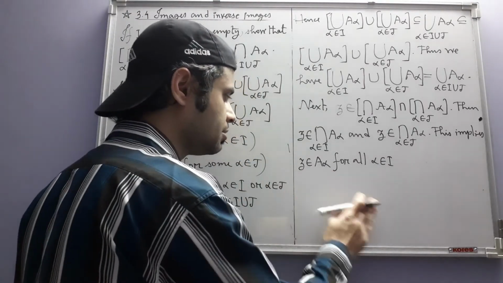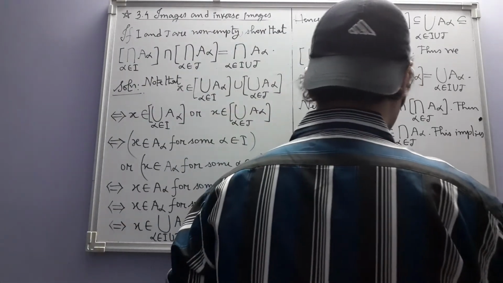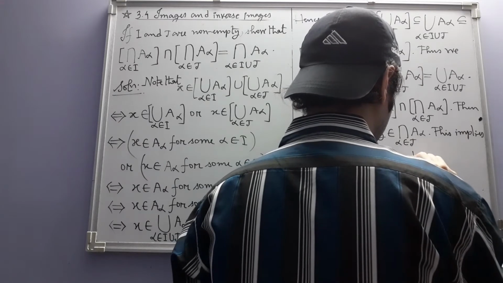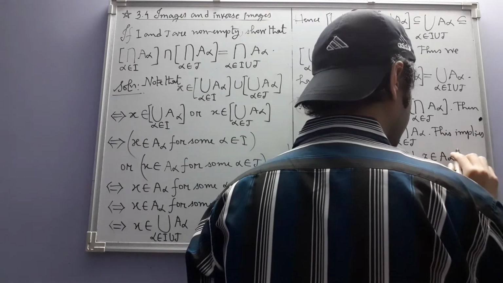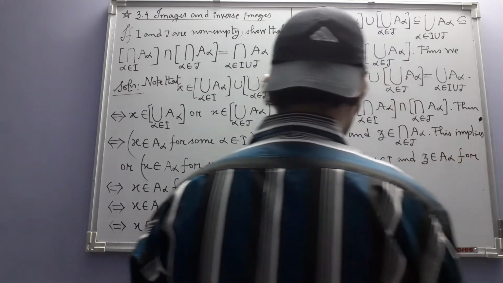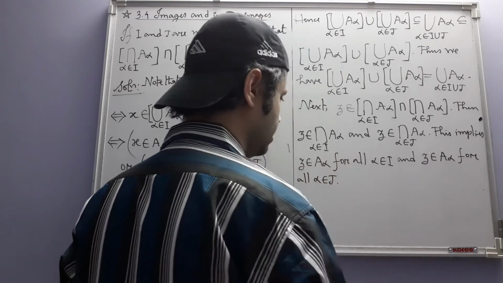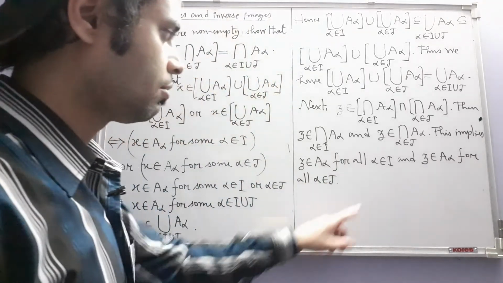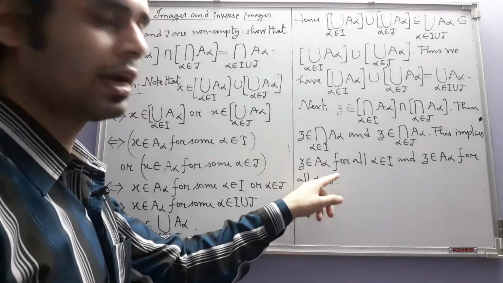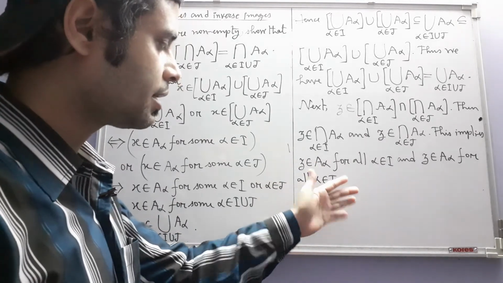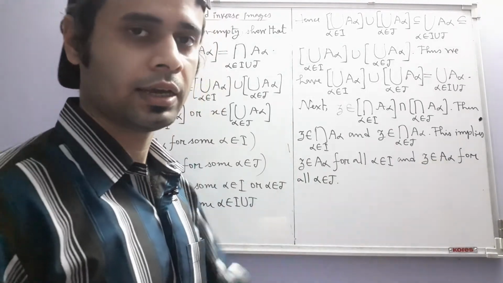There itself we said that this is equivalent to this, and z belongs to A alpha for all alpha belonging to J. That means for all levels in I, z belongs to A that level, and just like that for any level alpha in J, z belongs to A alpha.